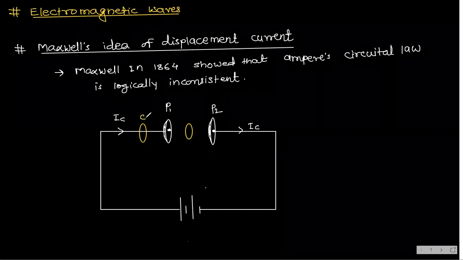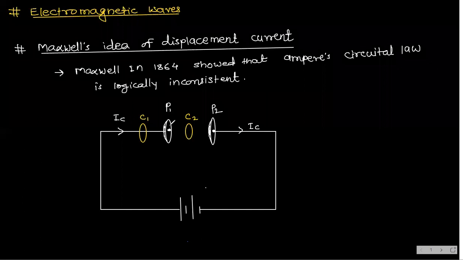I am giving the name C1 and C2. So C1 and C2 are the two loops.